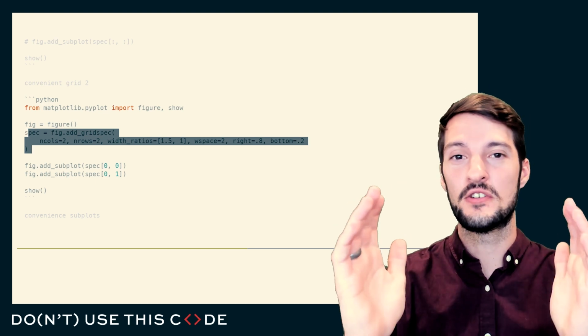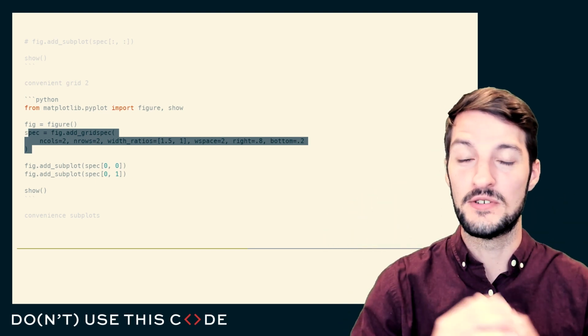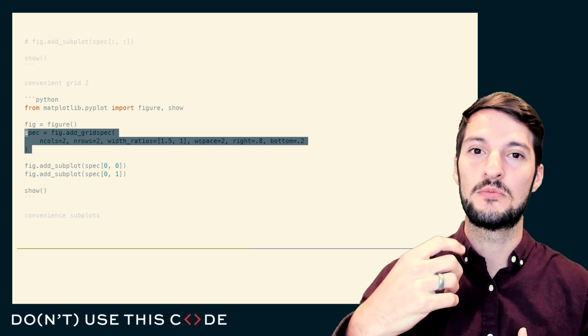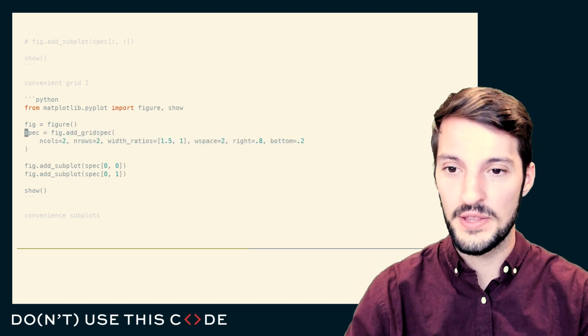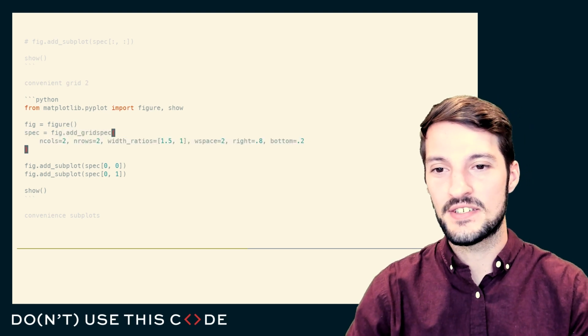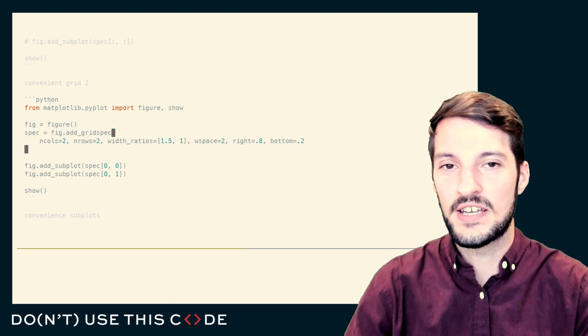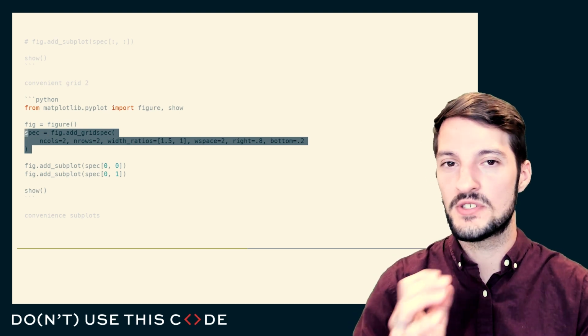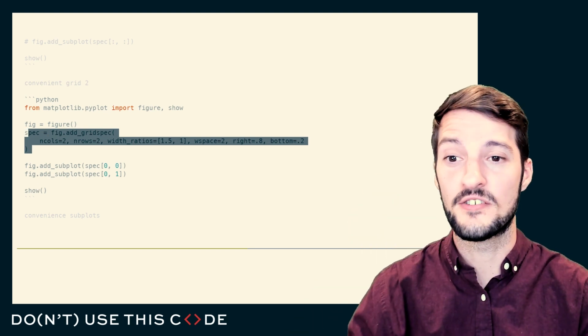So if we think of the figure as our broadest, most external container, anytime we do any drawing on it, anytime we add a GridSpec or anything on it, Matplotlib has to register it. And so they add these very convenient object creation or child creation methods to almost all of the higher level container objects.